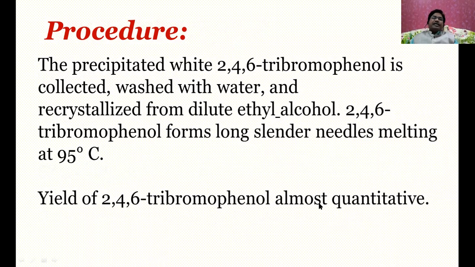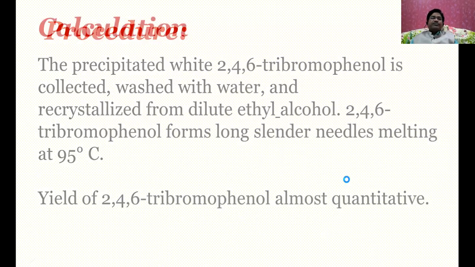The precipitated white 2,4,6 tribromophenol is collected, washed with water, and recrystallized from dilute ethyl alcohol. 2,4,6 tribromophenol forms long slender needles melting at 95 degrees centigrade. The yield of 2,4,6 tribromophenol is almost quantitative.